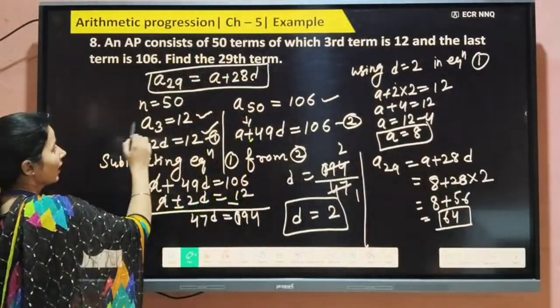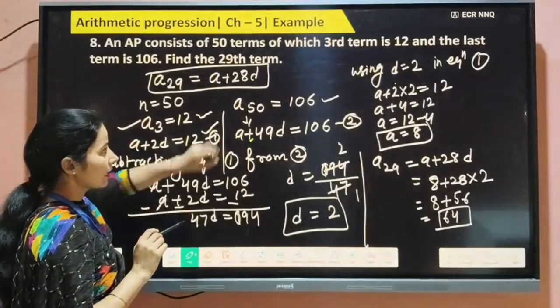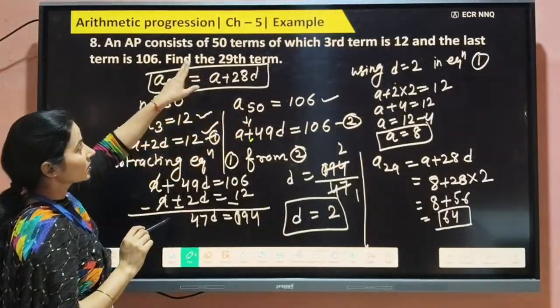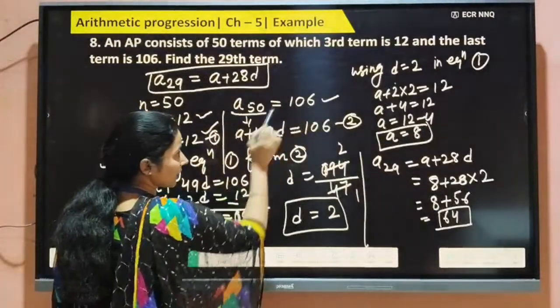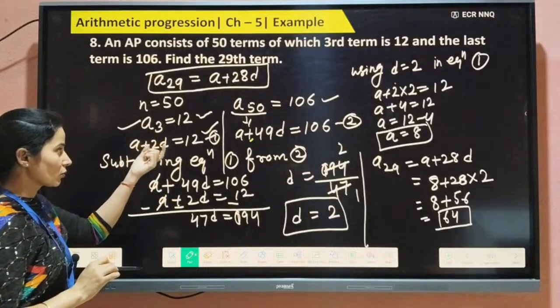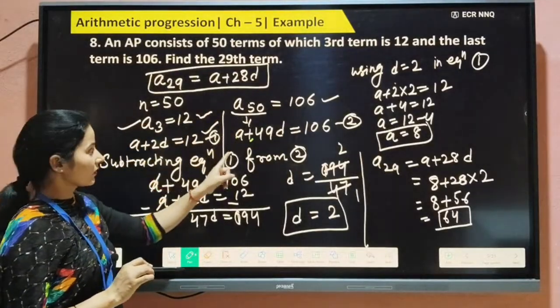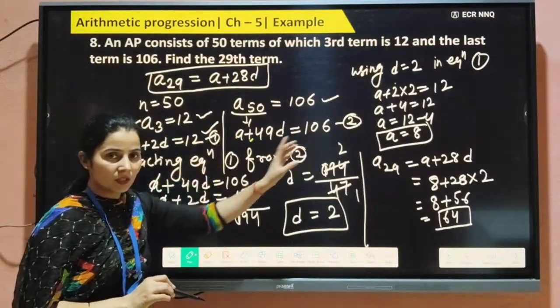For this, third term of this AP is 12 and last term, this AP consists 50 terms. So 50th term is 106. This third term I can write A plus 2D and this 50th term I can write A plus 49D. So equation number 1 and equation number 2.